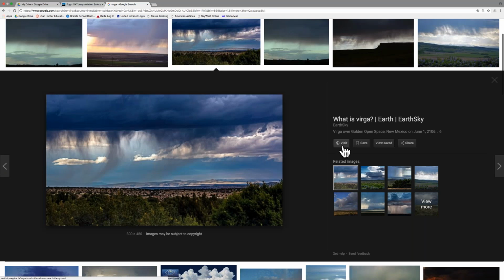So this is virga, where it looks like the clouds are disintegrating. Basically, virga is rain falling and evaporating before it hits the surface. That's virga, not verga.